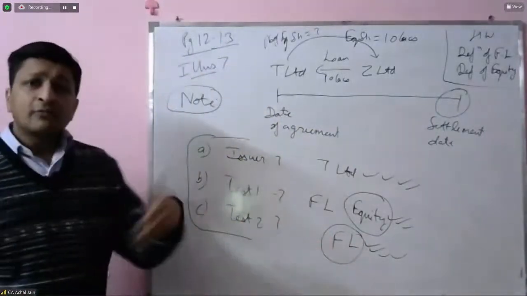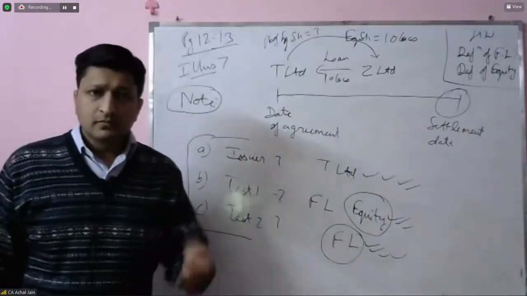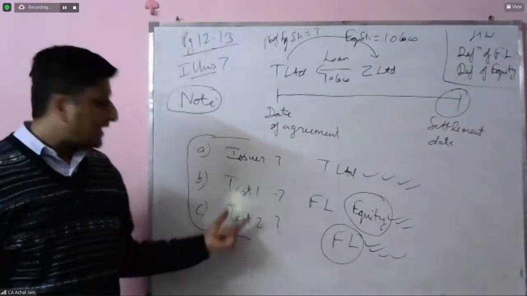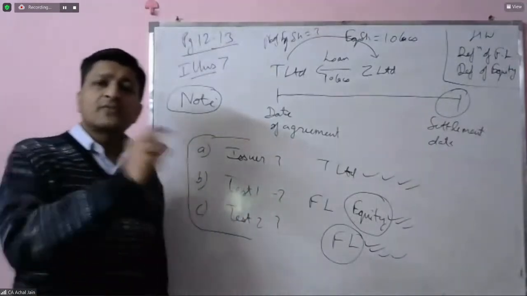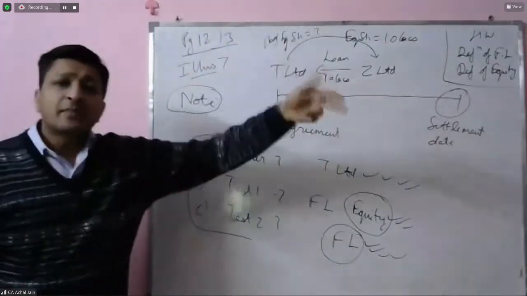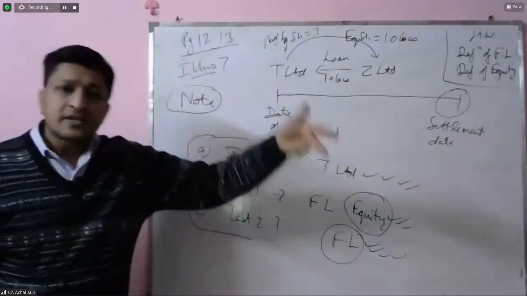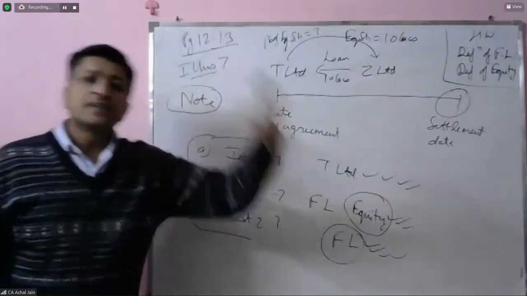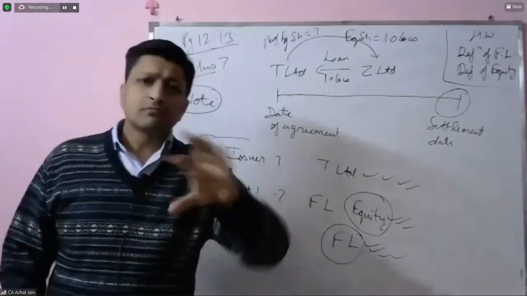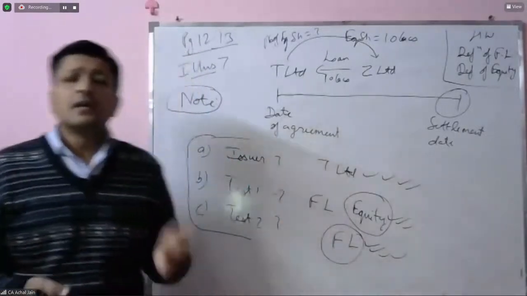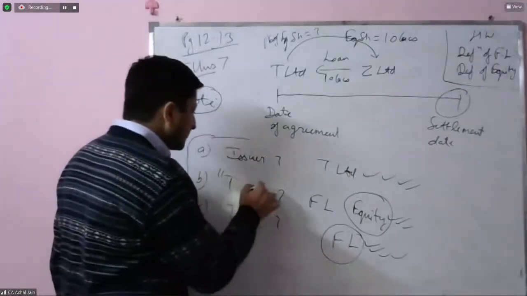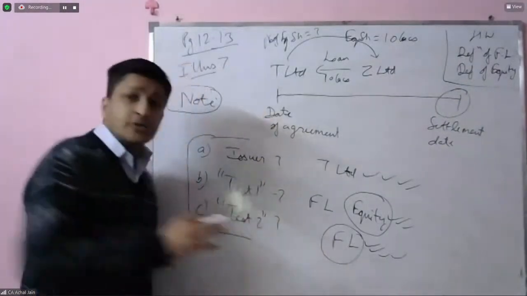While you draft your answer, ignore the words test number 1, test number 2. You should just say that first of all, we will check whether it's payable in cash or not, as per the contract or not, whether principal is required to be paid or not, interest is required to be paid or not. So this is nothing but your test 1. Only the terms test 1 and test 2 should go off.